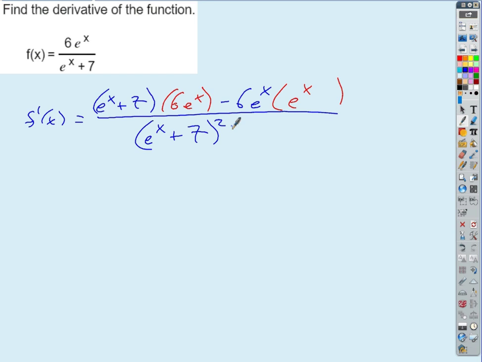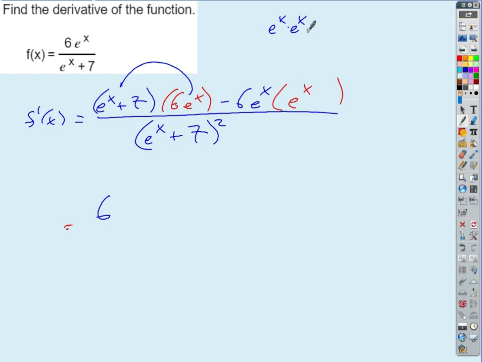So if I distribute the 6e to the x, what am I gonna get here on top? 6e to the x times e to the x is what? I get 6. e to the x times e to the x is what? What do I do if I multiply like bases?